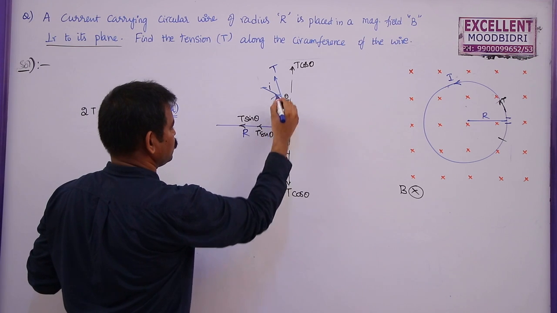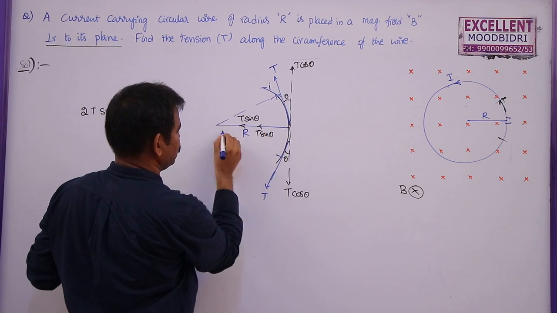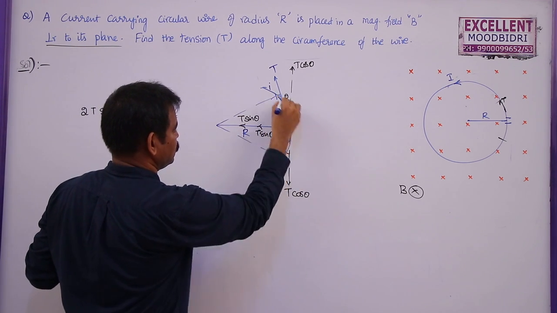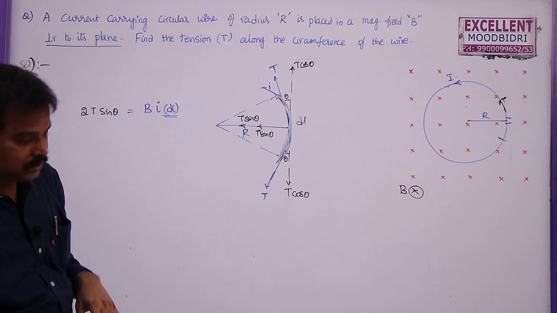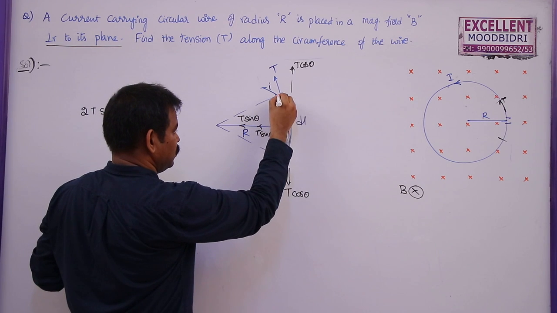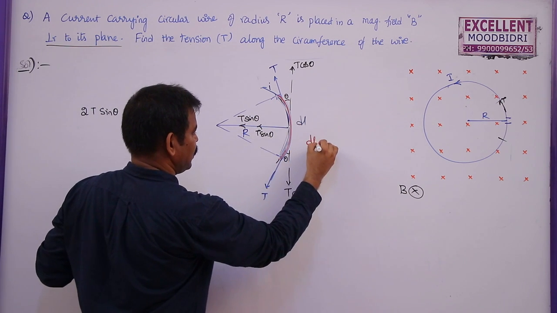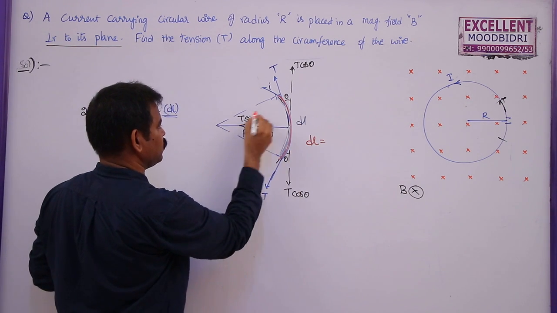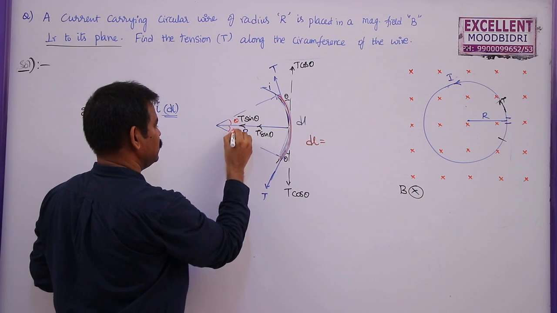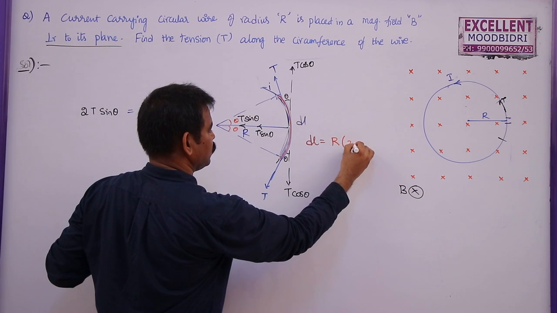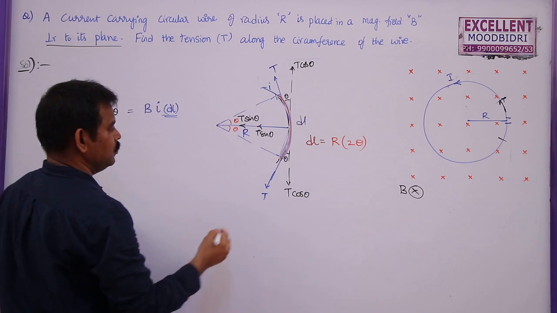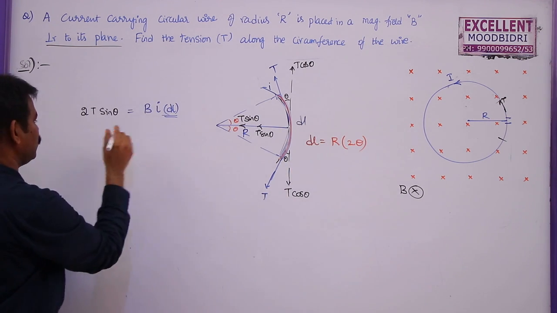On this small portion, if you take this one, this length is called dl. Now dl is given by radius into angle, this is theta, this is theta. So dl equals R into 2 theta. So in place of dl I am going to write R 2 theta.